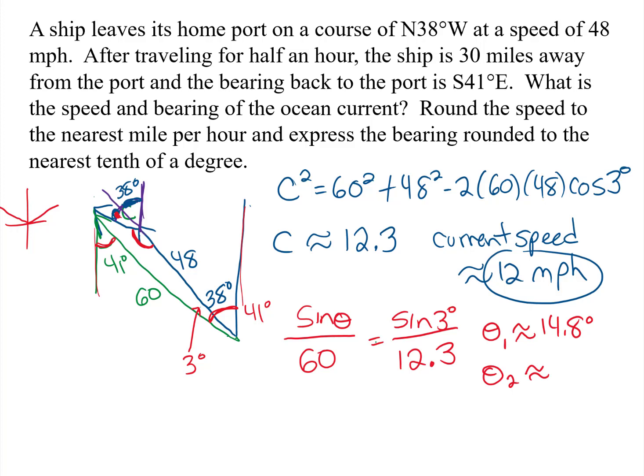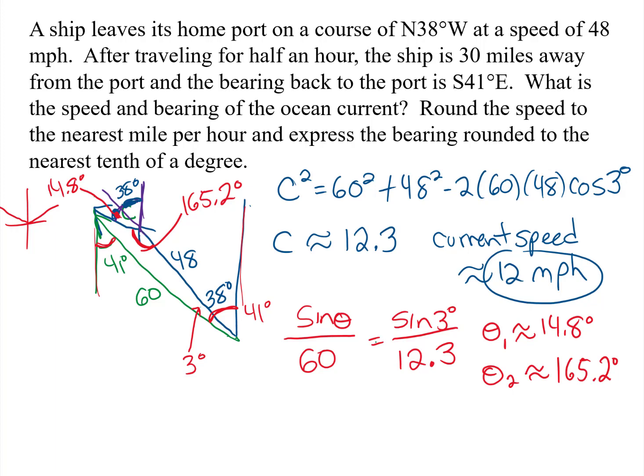So that's going to be 180 minus the 14.8, and that will be 165.2. So this angle right here is 165.2, but what I really want is the little angle, and it's supplementary, so it's going to be 14.8. So this little angle right here is going to be 14.8 degrees.